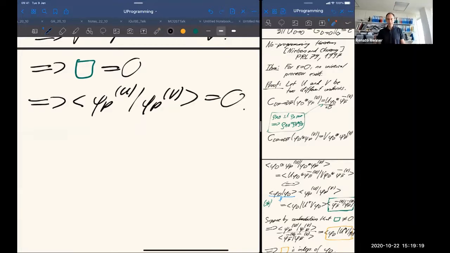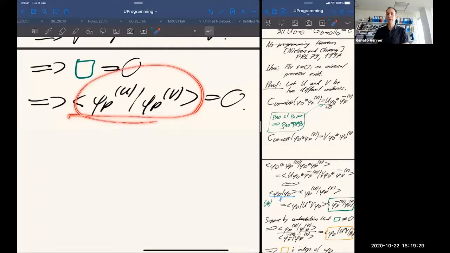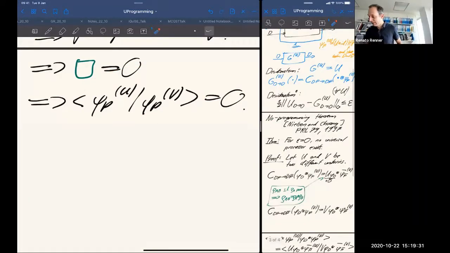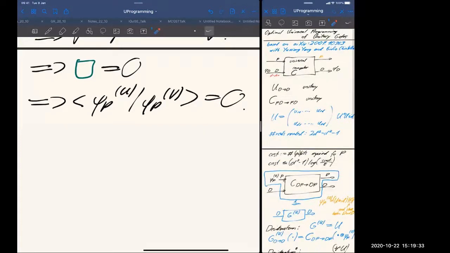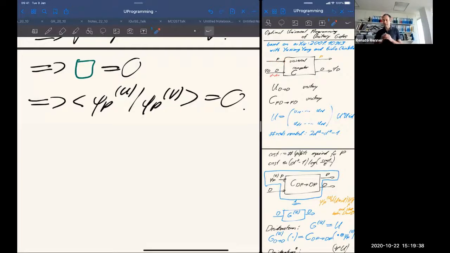Now, why is this sufficient? What we have shown is that for two arbitrary different unitaries, if we take the scalar product of the encodings, remember, we encode these unitaries and put them into the program, then for any two different unitaries the states that encode their programs have to be orthogonal to each other. But there are infinitely many unitaries you could think of, and they all have to be orthogonal. So we would need infinitely many possible orthogonal states.